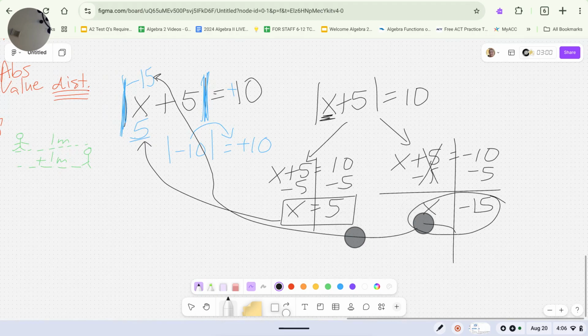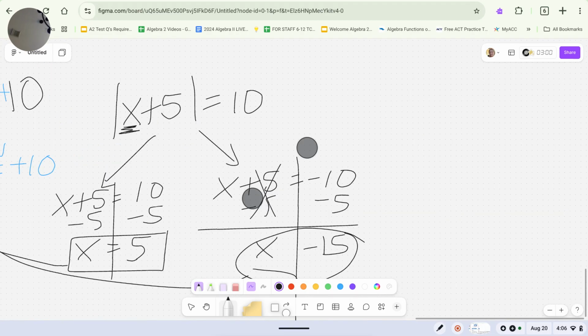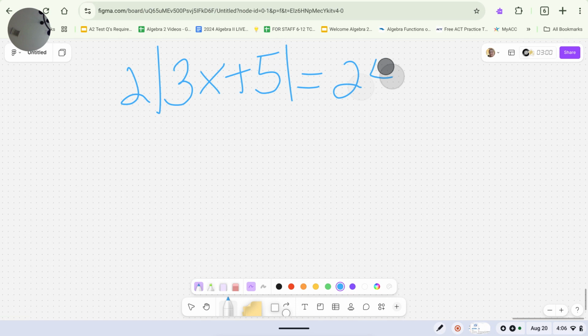So let's just say I had something a little more complicated. Let's say I had 2 times the absolute value of 3x plus 5, minus 7 equals 35. I just made this up, so of course it's probably not going to be a friendly answer, but I'm going to add a little bit more stuff to it anyway.